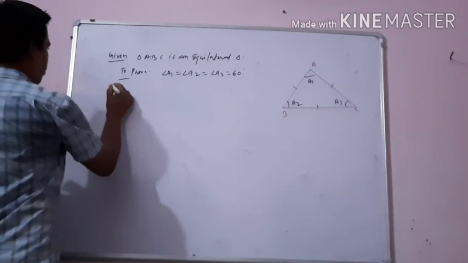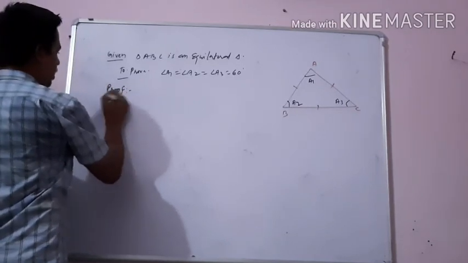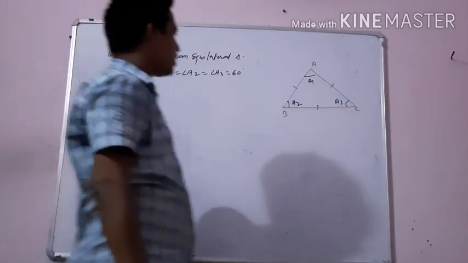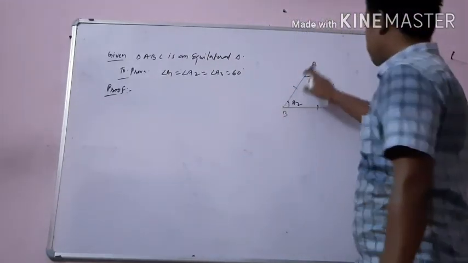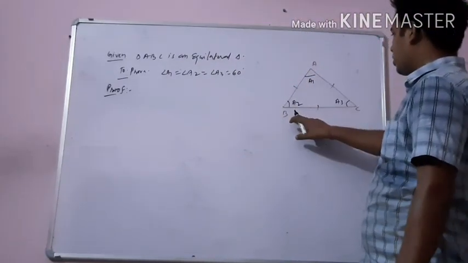Now the proof. First, we are considering that in triangle ABC, AB equals BC.